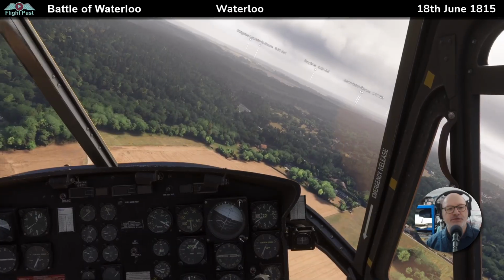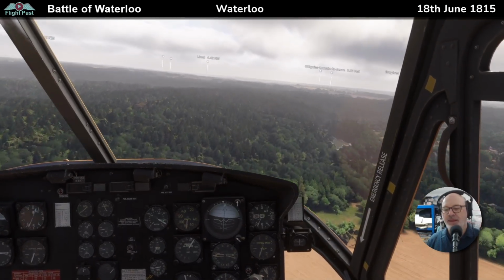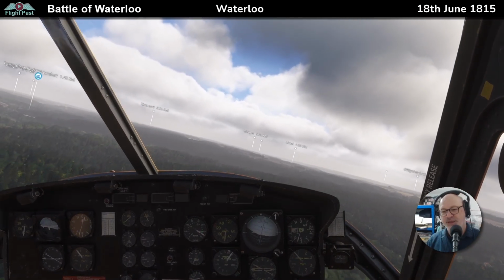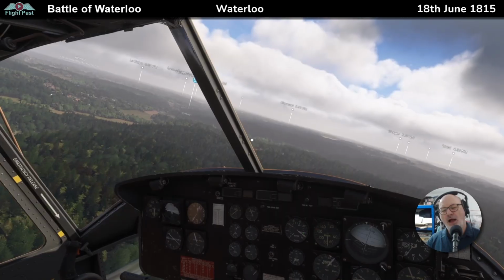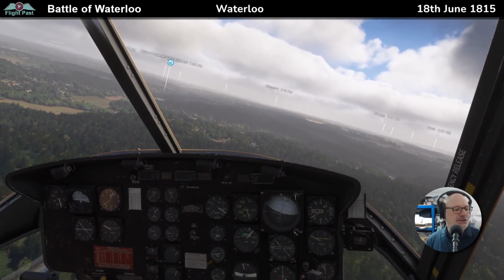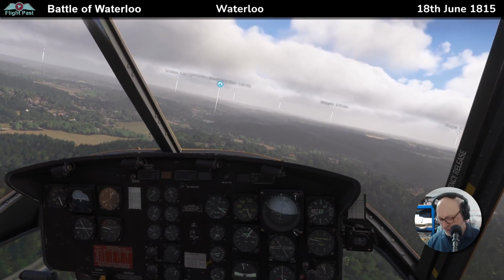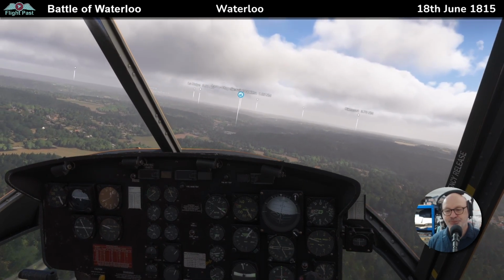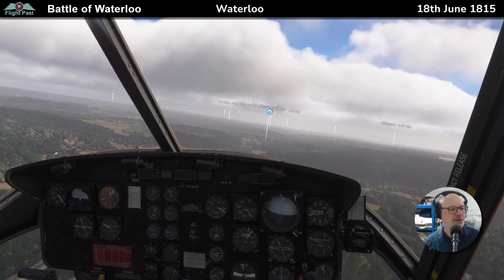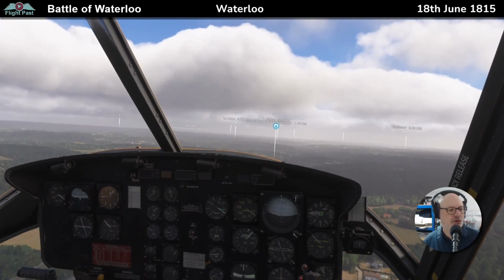We talked briefly about Zieten, and Zieten is moving up, and he's beginning to link up with Wellington's left. Okay, that actually seems like a good place to have a quick break. When we come back, we'll have a brief look at the link up between Zieten and Wellington on the beginning of the ridge of Mont Saint-Jean.